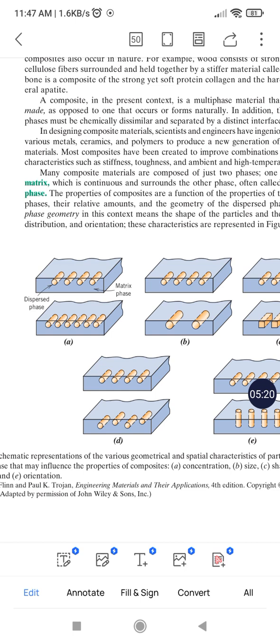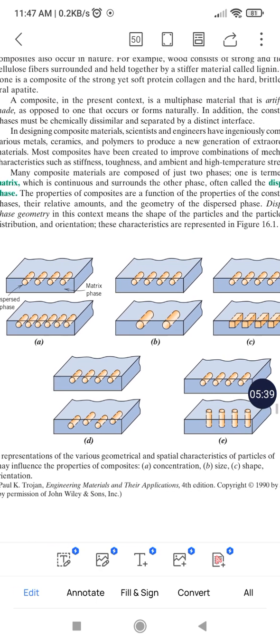The dispersed phase is less in the top picture, and more in the lower picture. The concentration is higher in the lower picture.